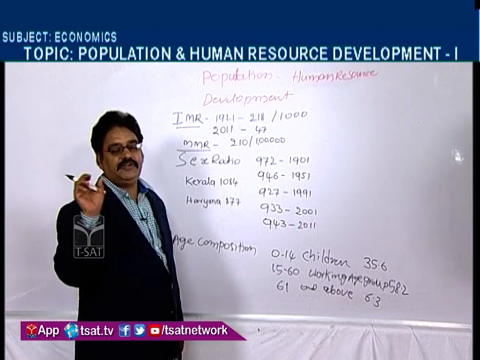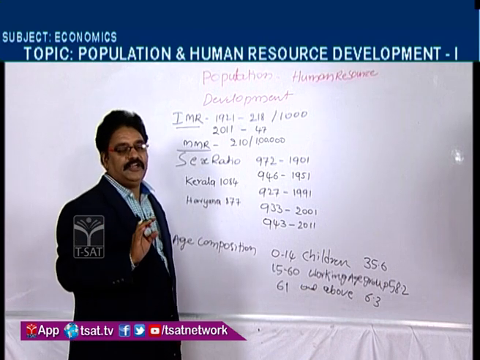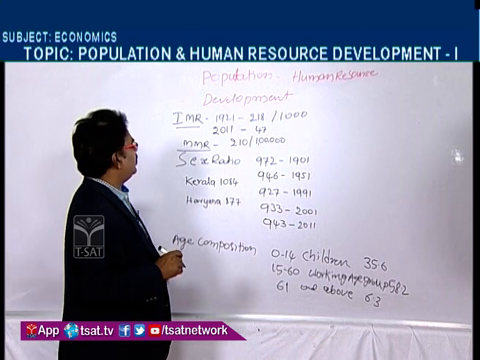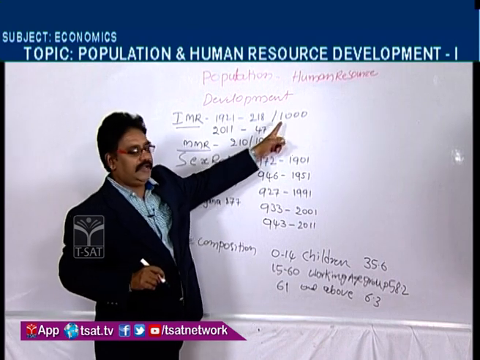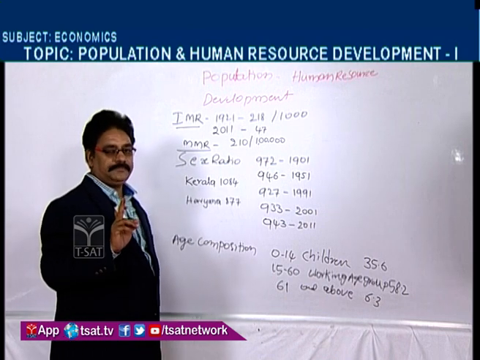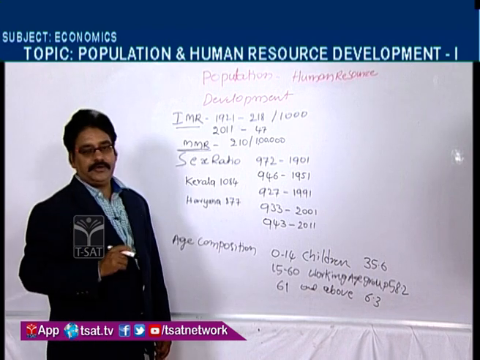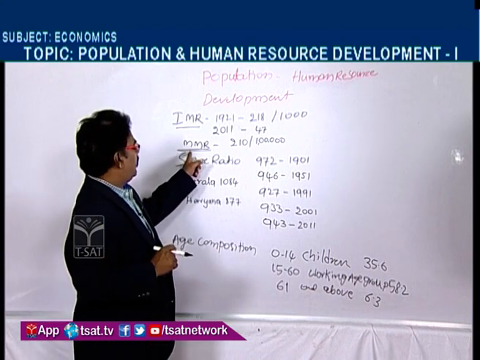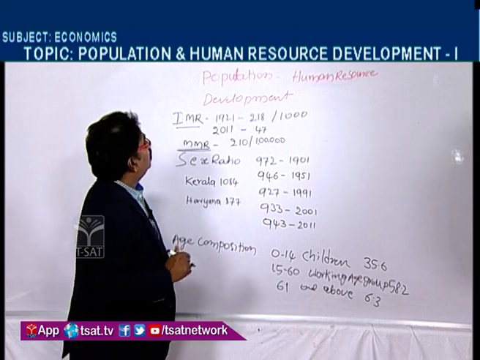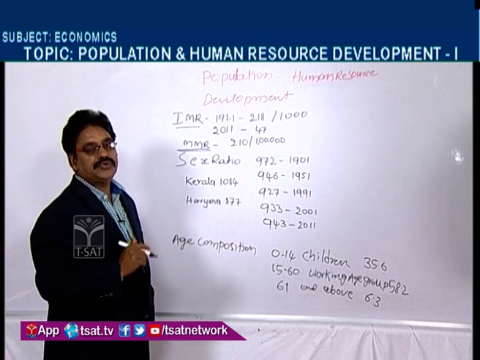Like this, every indicator is calculated for 1,000, except MMR, which is calculated for 1 lakh. If we observe the maternal mortality rate, at present it is 210.